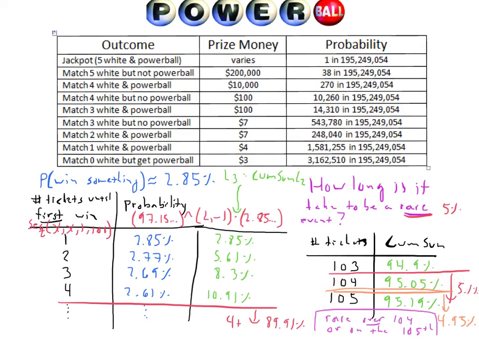That's where I have a 95% chance of getting it within the first 104 tickets. Beyond that, there's only a 4.95% chance, it's less than 5%, so to need more than 104 tickets would be rare, or to not get it until the 105th ticket would be considered rare.